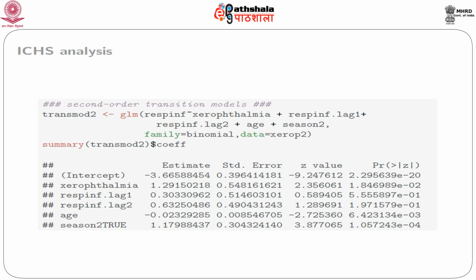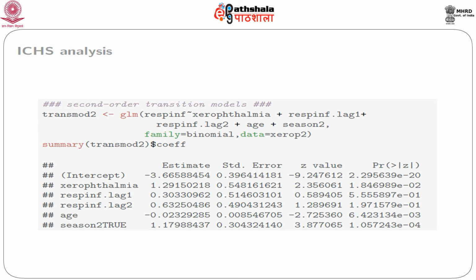When we run transmod 2, we see that whether or not there was a respiratory infection at the previous visit has an effect on whether there is respiratory infection at the present visit. The p-value is 0.09, so at the 90% level it does have an effect. Age and seasons have significant effects, but xerophthalmia doesn't.